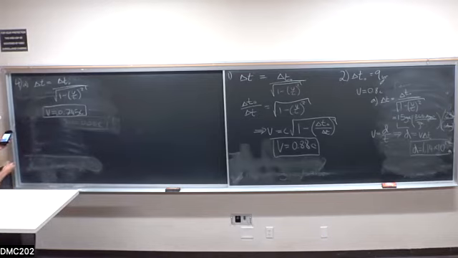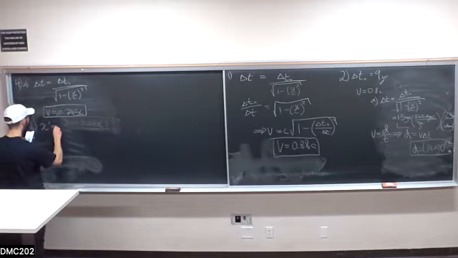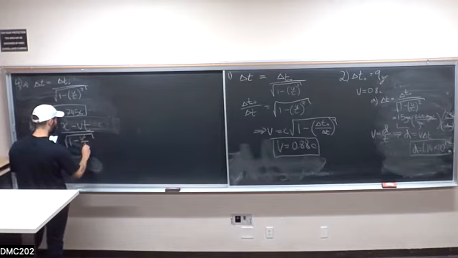Okay, so let's start with part B here. The first thing we need to do is solve for x1 and x2. We have those equations on the first page. I'll just write what we're plugging into, and then I'll give you their relative value. So x prime, 1 or 2, in either case, is going to equal x minus vt divided by square root of 1 minus v squared over c squared.